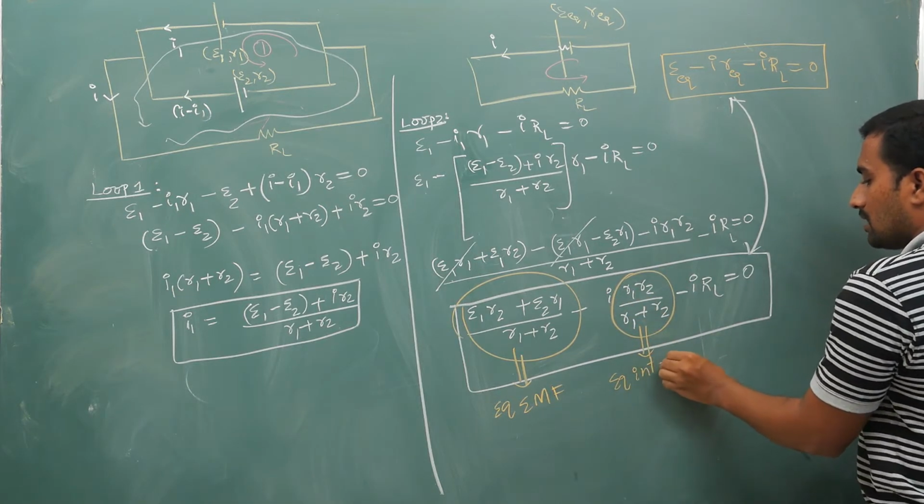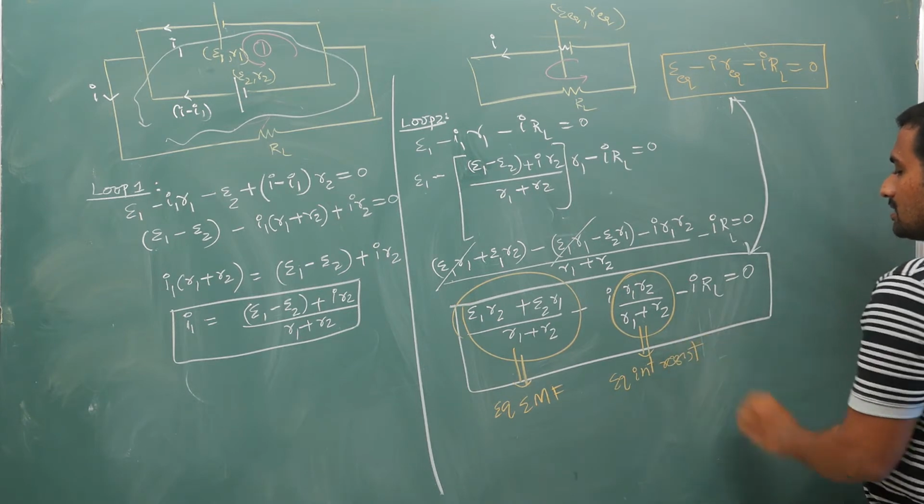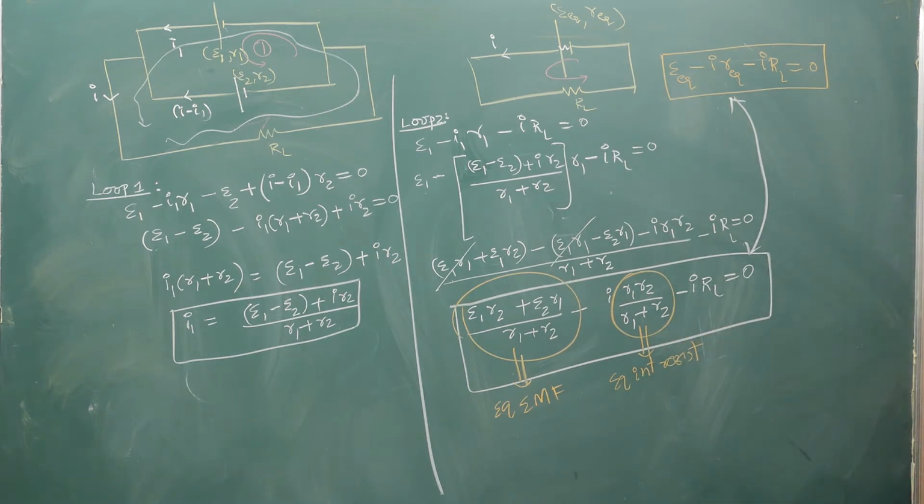So your R equivalent is R1 R2 by R1 plus R2. Your equivalent EMF is (E1 R2 plus E2 R1) by (R1 plus R2). I am erasing it, I need space. Hope you have understood it, hope there is no doubt.